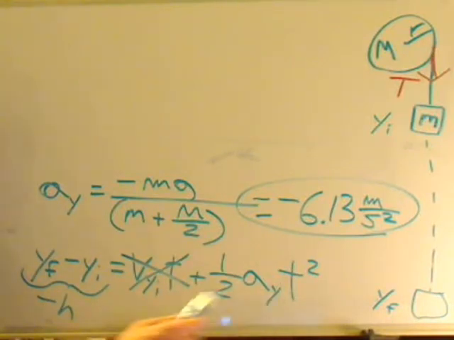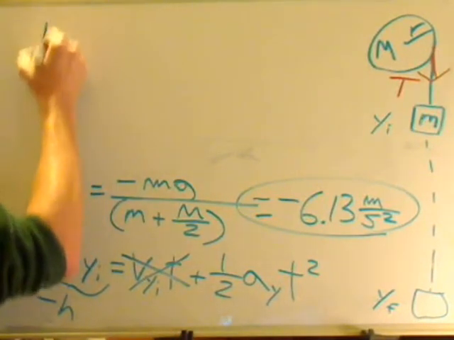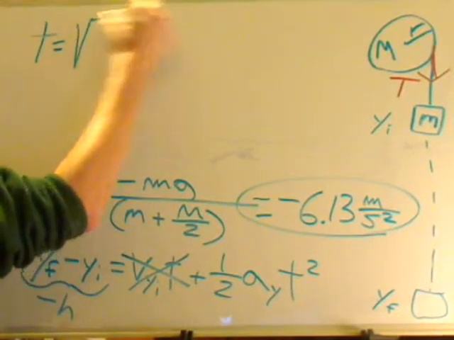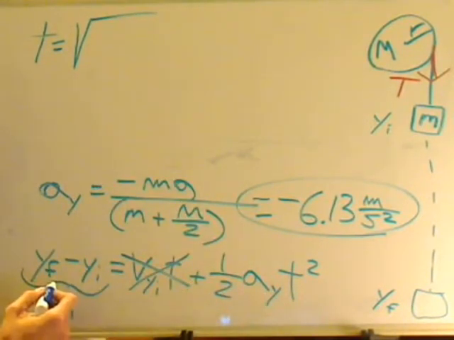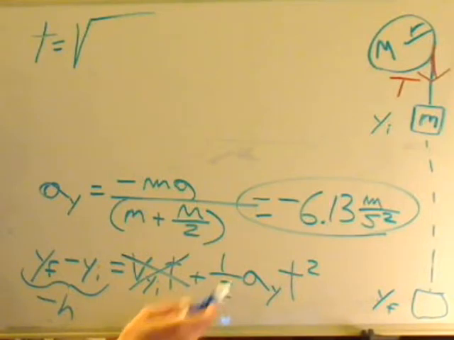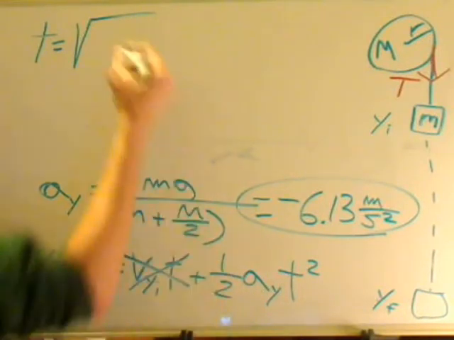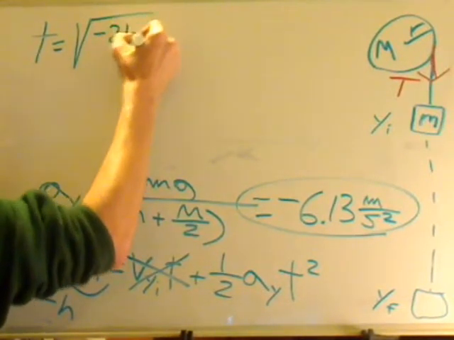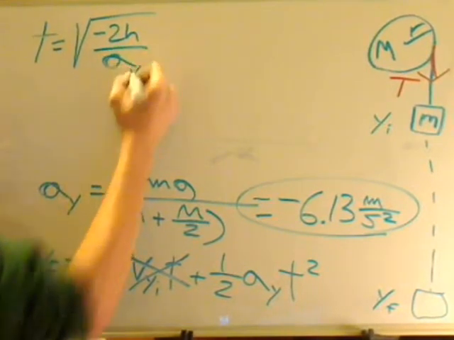So solving for t then, after doing the algebraic steps here, multiply both sides by 2, divide by y acceleration, t is the square root of negative 2h over the y acceleration.